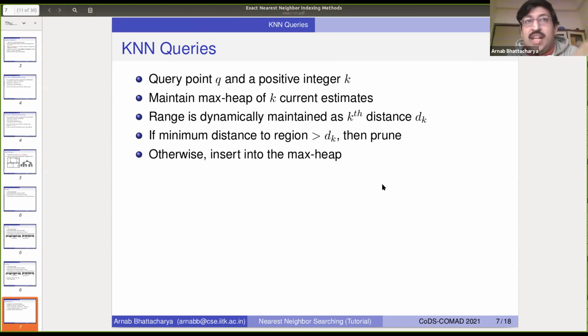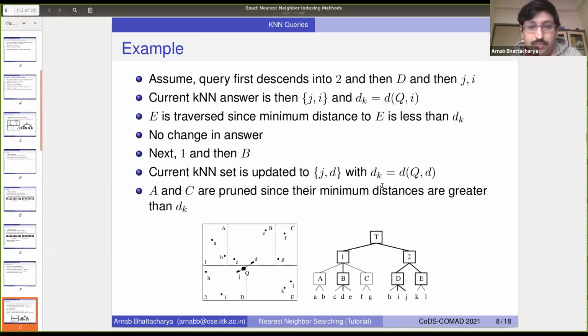And when you see that the estimate of any other object in the database is greater than the maximum distance that I have already found, then I'm sure that I do not need to process those other objects any further, and I already have my answers in the max heap. So that's the basic idea. Again, we'll go over an example, but this is just the basic idea.